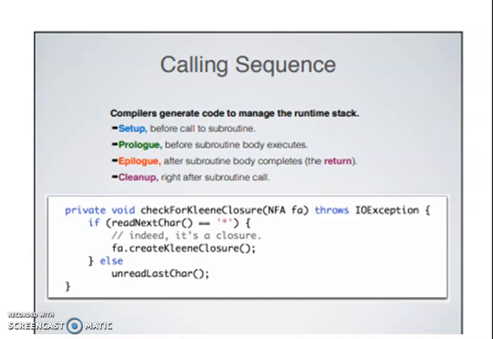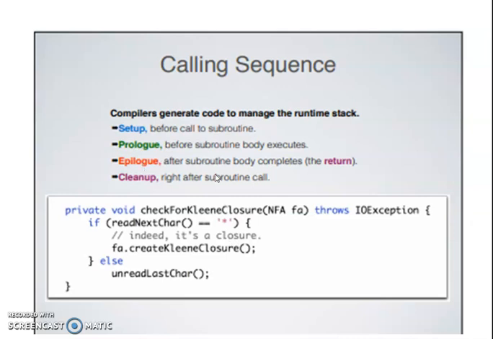Some setup will be done before the call to the subroutine, like loading the return address and storing the local variables. Those things come under the setup part. Then the prologue is before the subroutine body executes, and some initialization comes under this prologue.